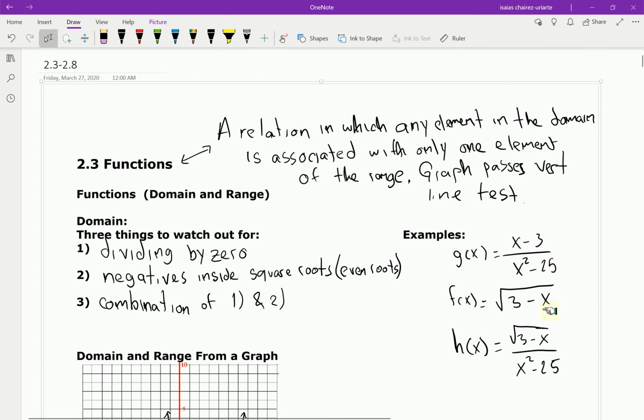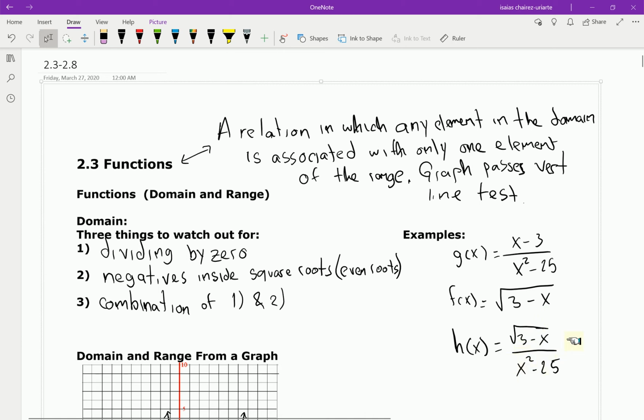Here's another example. Here's a function f of x. It's the square root of 3 minus x. I am interested in figuring out what values of x make the inside of this square root negative. Those values of x are not part of my domain. And then you have a function like this one, h of x, in which you have both a square root and some denominator.